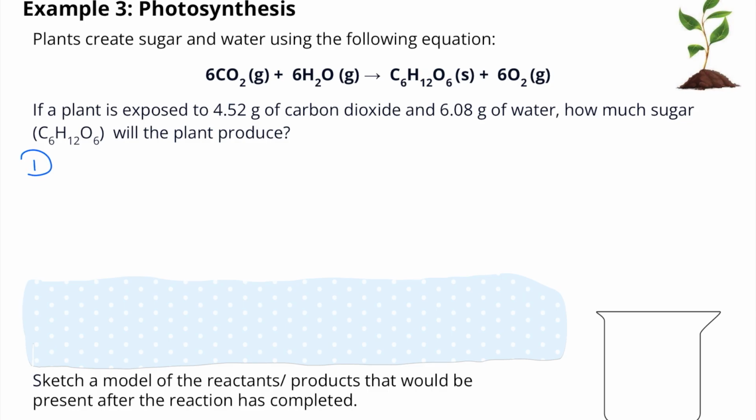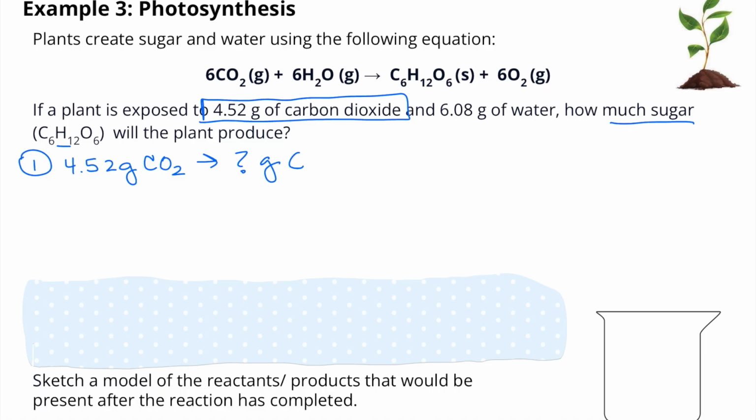Our first problem is that we're going to start with one of those given values, so 4.52 grams of CO2. And then we need to figure out how many grams of sugar, C6H12O6, that reactant will produce.